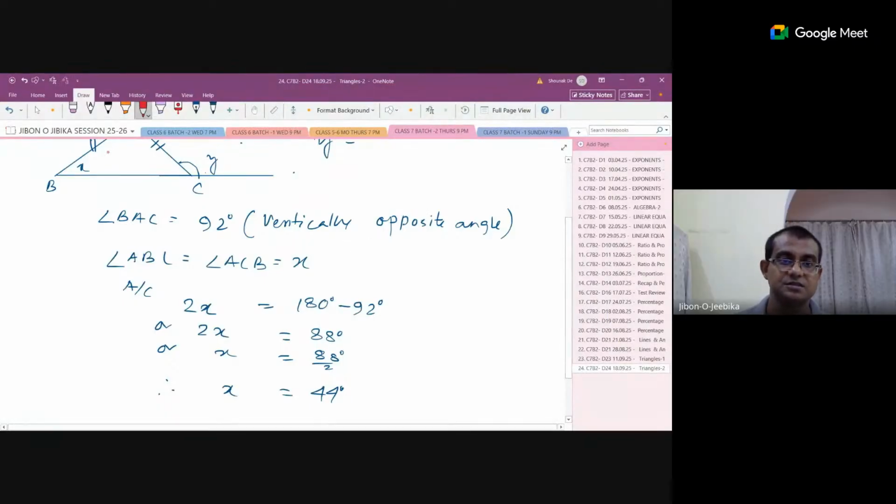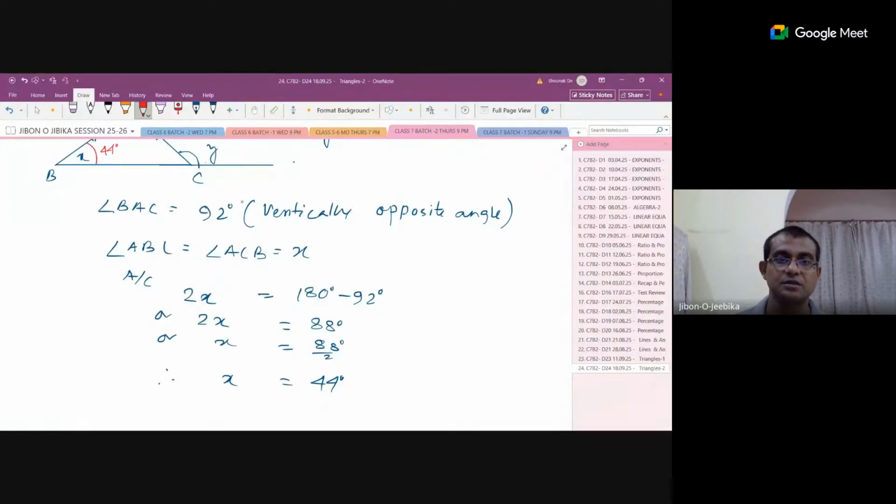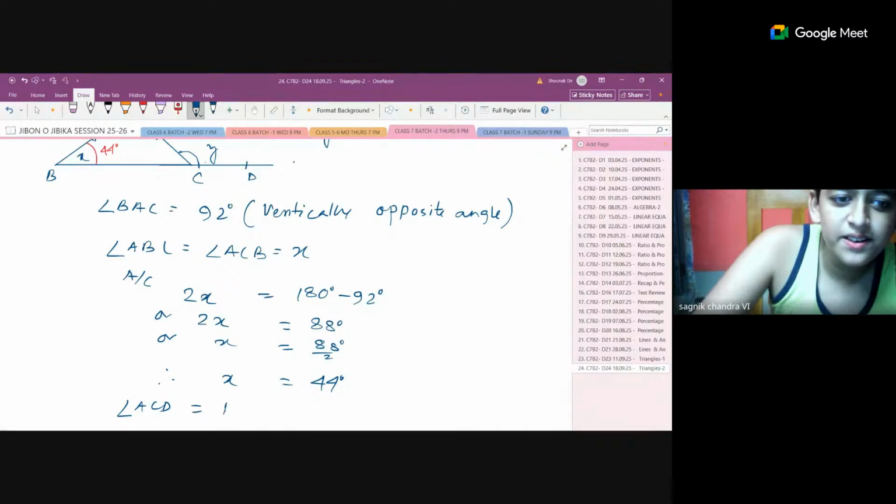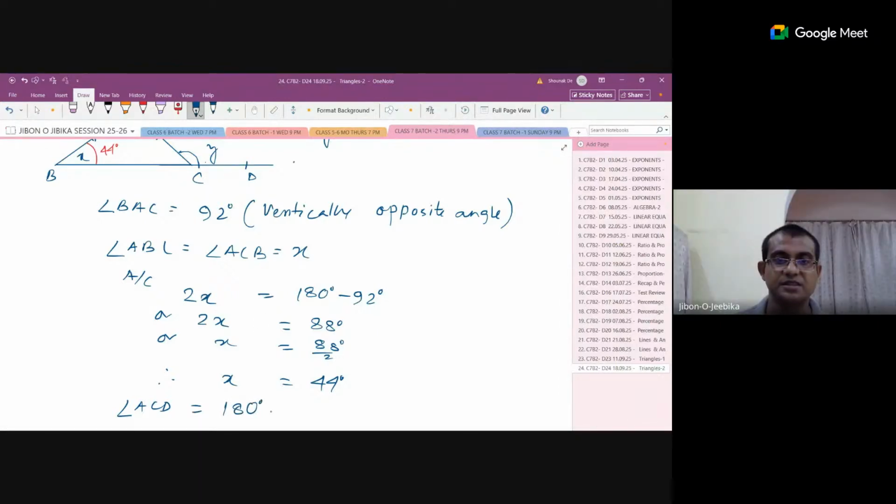So this is 44 degrees. Now y, let AC be extended to D. Angle ACD is equal to 180 degrees minus angle ACB, that is 180 minus 44 degrees, which is equal to 136 degrees.